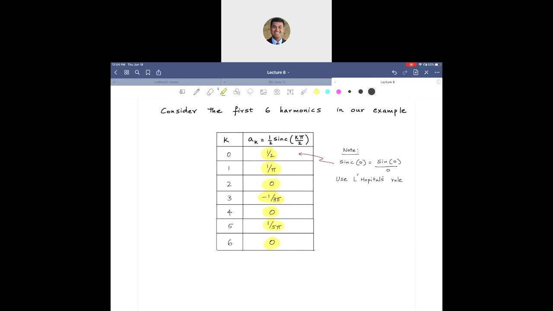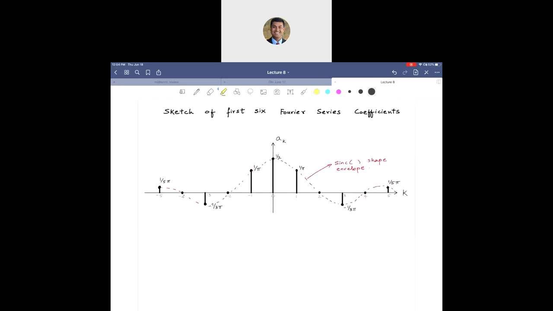So if I take a look at a sketch here, let's come back to this later. If I take a look at a sketch here of the first 6 Fourier series coefficients, on my x-axis I have k, on my y-axis I have a sub k. How are those coefficients going? At 0, I have half.